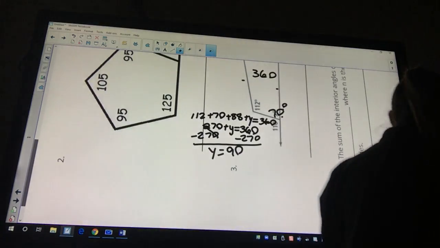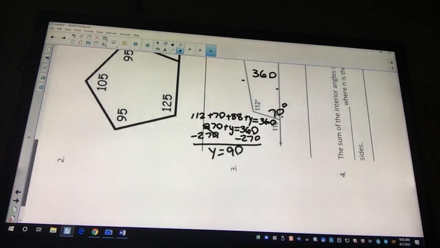Look at the next one. It says the sum of the interior angles of a polygon is blank, where n is the number of sides. Okay, it wants you to write the formula in there for how you figure out the sum of a polygon. I'm not asking you, you fill it in just a minute.